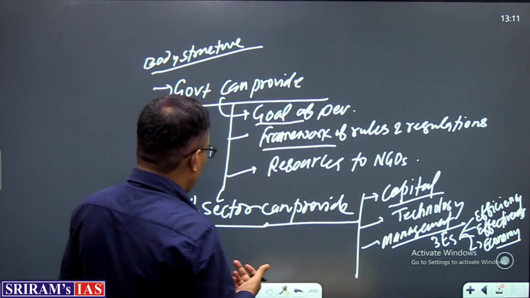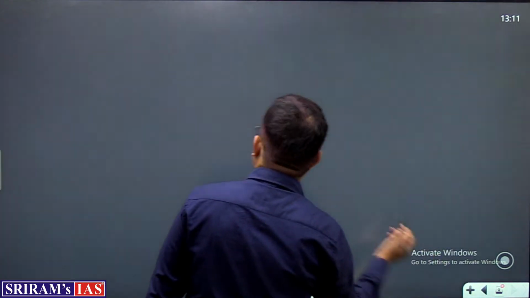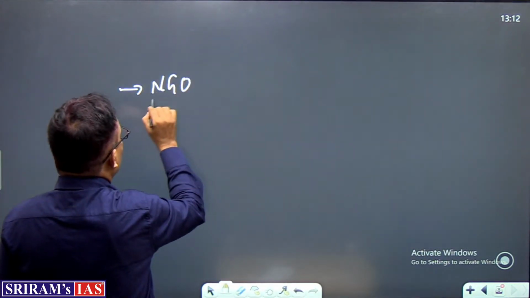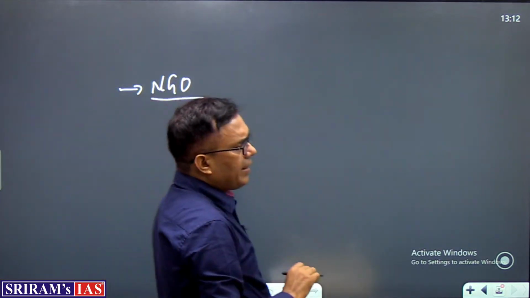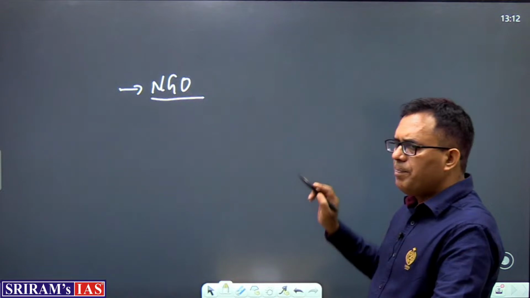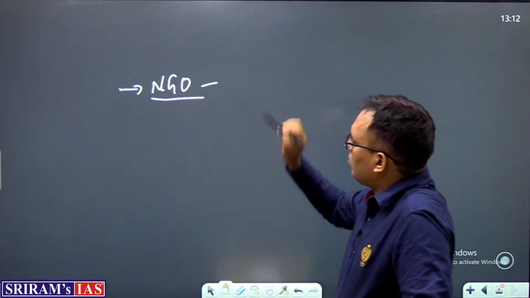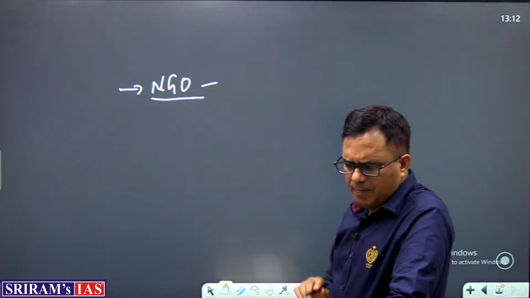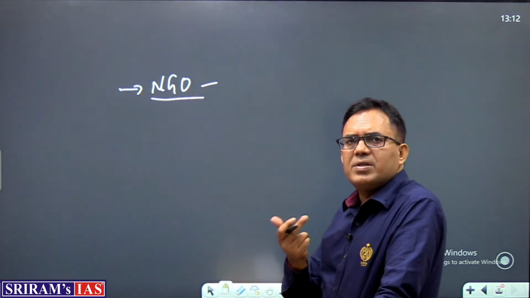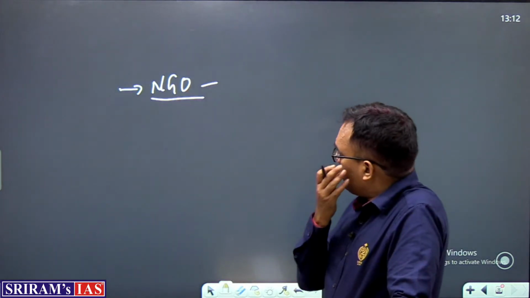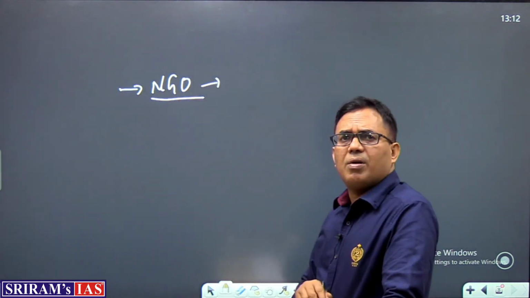Third, consider the third sector, we have the NGOs. When we talk about the NGO, basically non-governmental organization, consider the third sector of society, mainly responsible for giving some kind of services to society, and sometimes it provides input to the government.